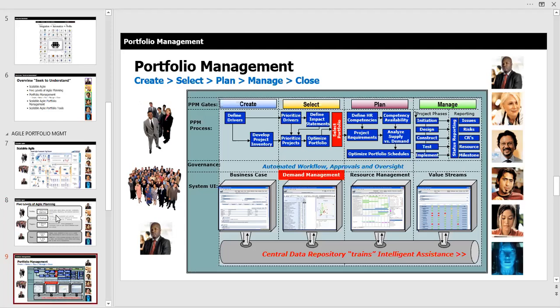The portfolio management systems are now being integrated. It used to be that you kind of had a separation between your project management system and your portfolio management systems, and somebody had to go back and connect those dots manually, which was very time consuming.